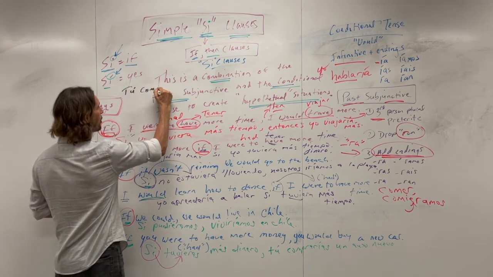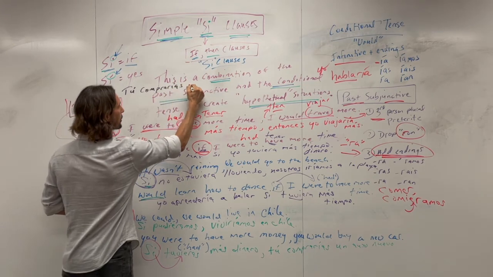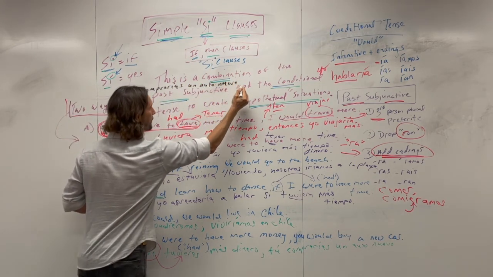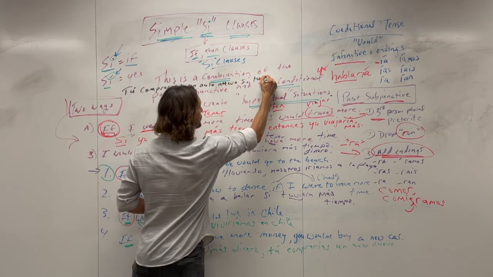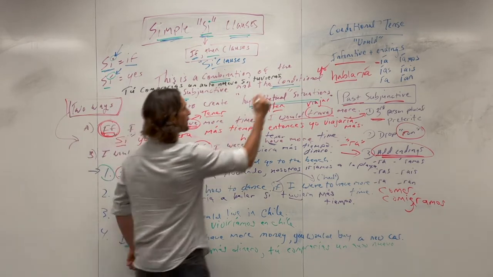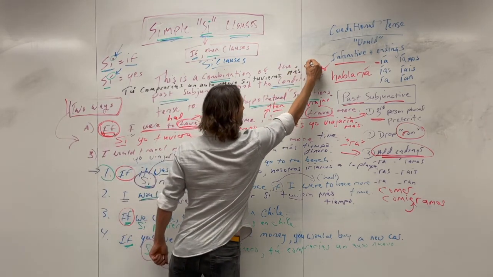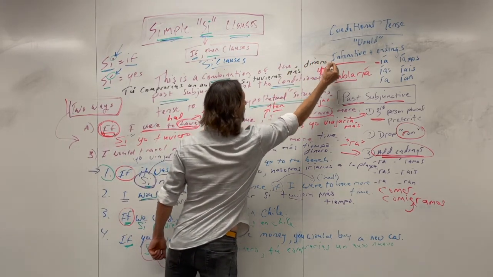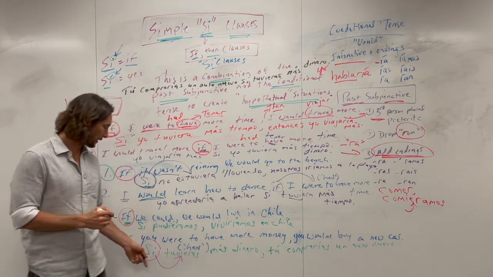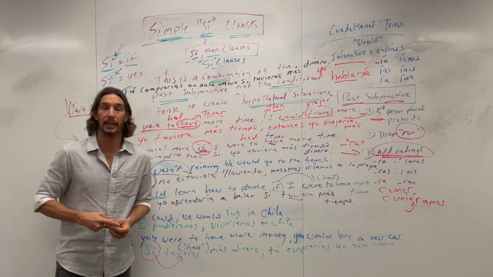And so we have tú comprarías un auto nuevo si tuvieras, right? Si tuvieras más dinero, right? And so that's just taking this number 4 and saying it in a different way.